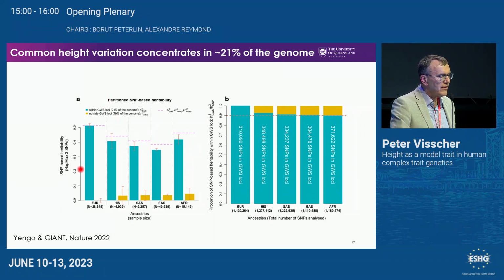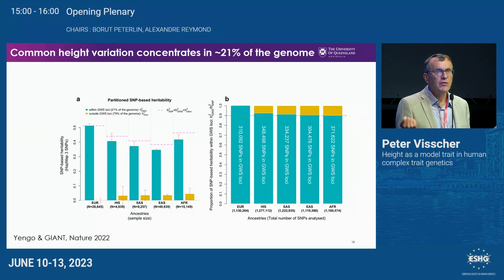What we found is that in European samples, all of the variation captured together by these 1 million SNPs was contained in these 12,000 genome-wide significant variants plus or minus 35 kb, and more than 90% of the variation in the other ancestries.